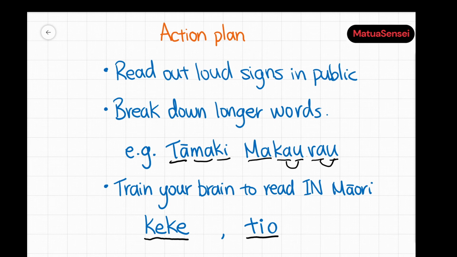And here's another example. When they see this word, they say taio. Remember, you're reading Te Reo Māori. So this sound is not I, but i. So the word is pronounced tio.